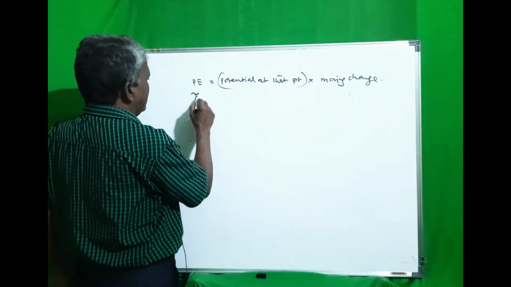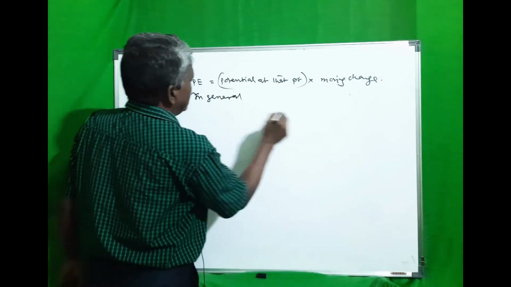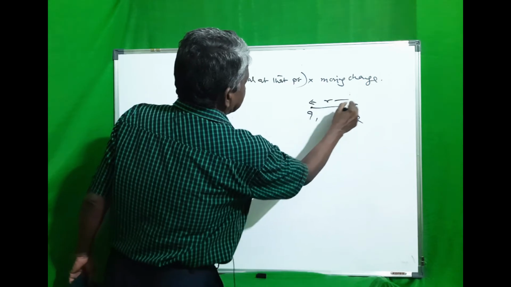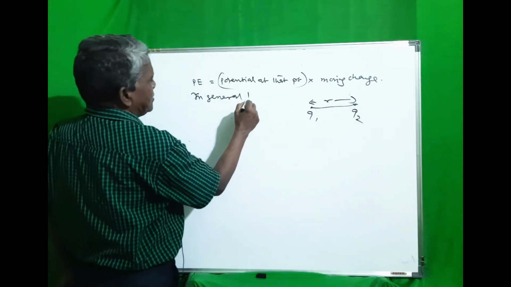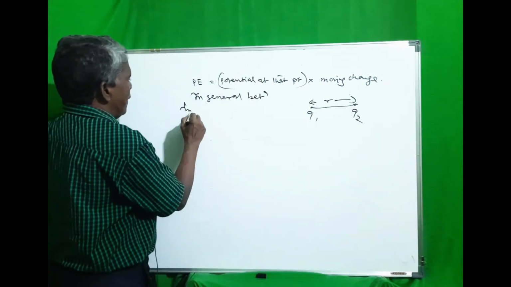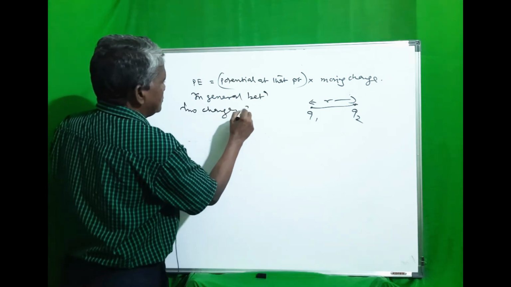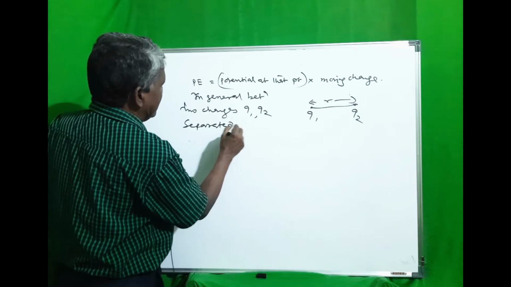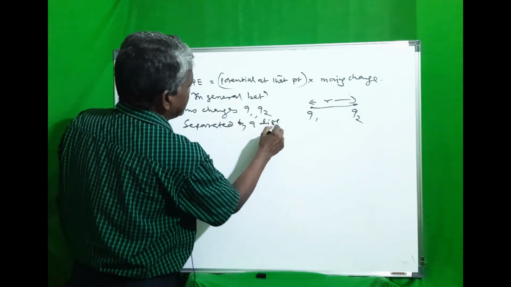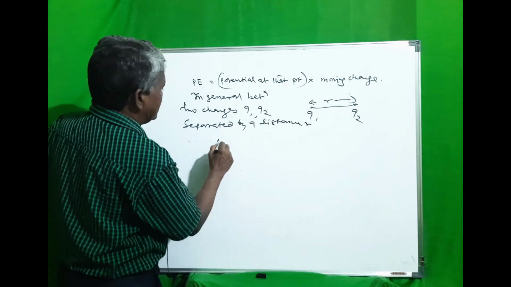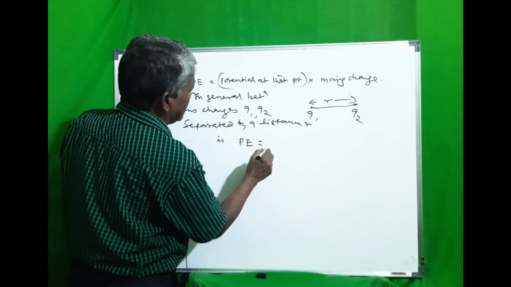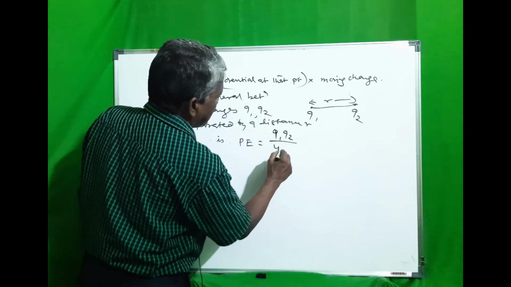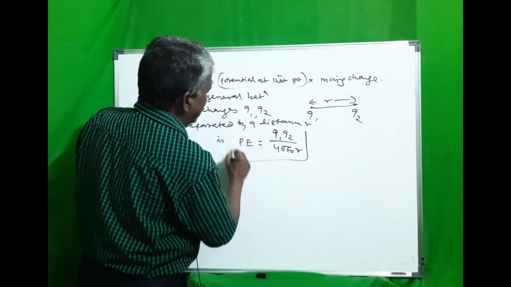Or in general, between two charges q1 and q2 separated by a distance r, the potential energy is equal to q1 q2 by 4 pi epsilon 0 r.